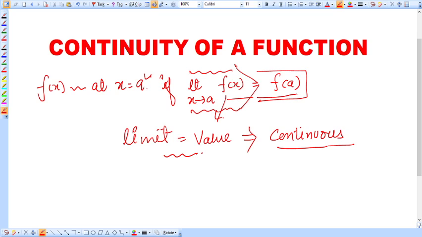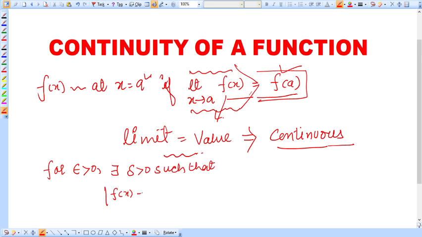For a function to be continuous, its limit has to be equal to the value of the function, that is f(a). So for every epsilon greater than 0, there must exist a delta greater than 0 such that the difference between f(x) and f(a), in place of L now we have the value of the function, must be less than epsilon when |x - a| is less than delta.